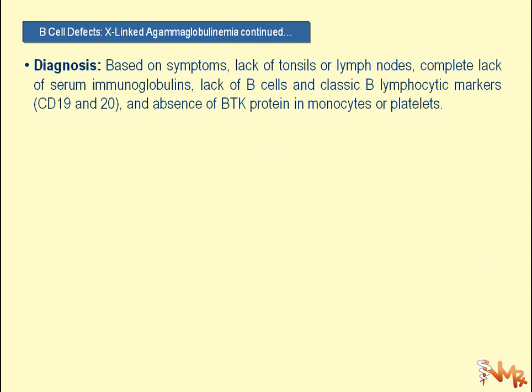Diagnosis is based on symptoms, lack of tonsils or lymph nodes, complete lack of serum immunoglobulins, lack of B cells, and classic B lymphocytic markers. Those are CD19 and CD20, and absence of BTK protein in monocytes or platelets.